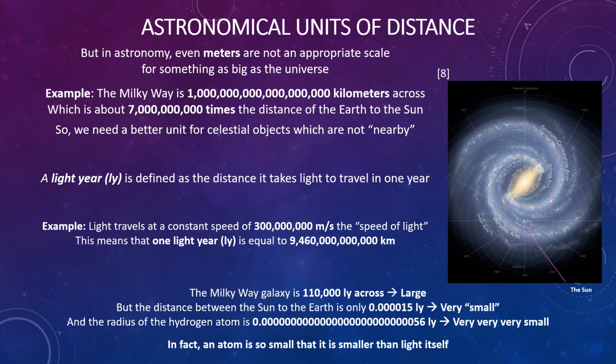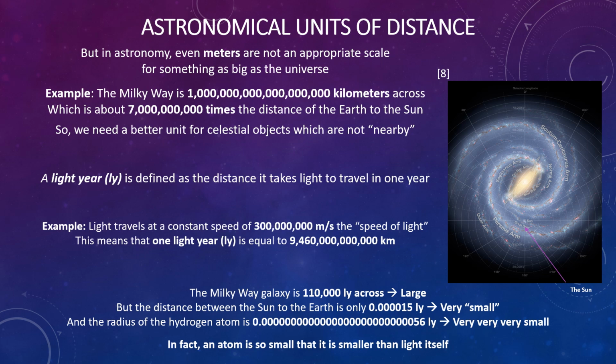So light travels at a constant speed of about 300 million meters per second. That's the speed of light. So in 1 light year, light travels 9,460,000,000,000 kilometers. That's really far.